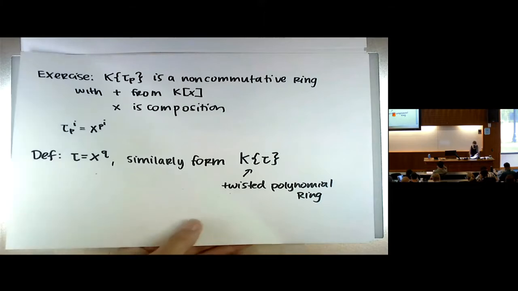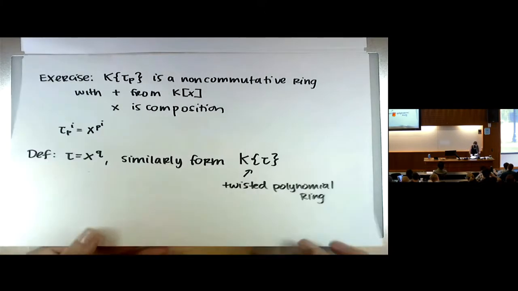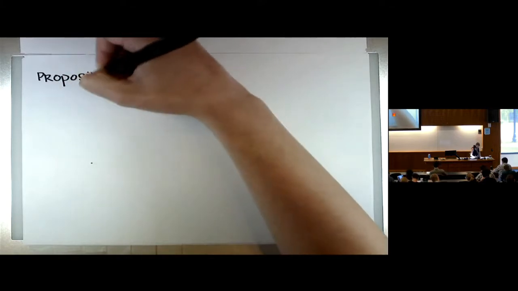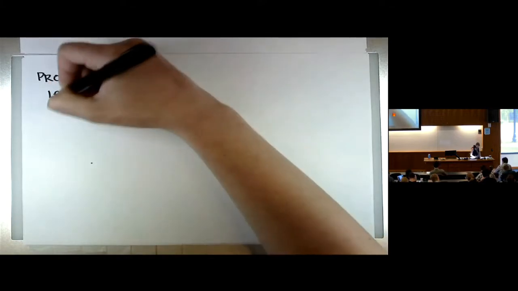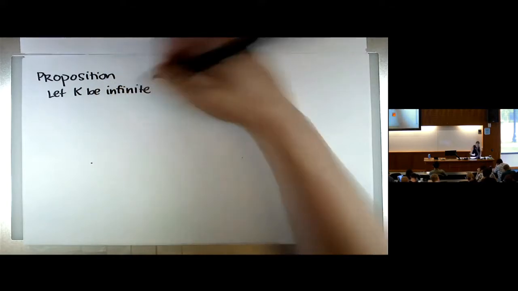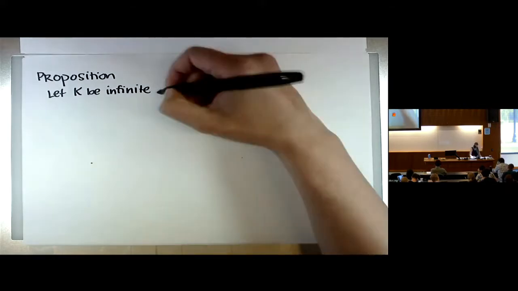Okay. So then, why did I introduce this other than to confuse you and introduce more brackets into our lives? Is because of this proposition. Let K be infinite. So I'm going to move away from that finite field nonsense where stuff happens that I don't like.